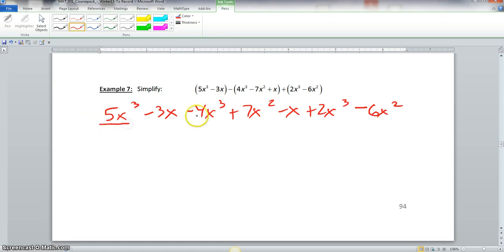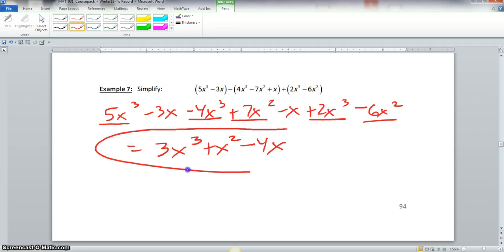We have 5x cubed minus 4x cubed plus 2x cubed. This will give us 3x cubed. Now we have 7x squared minus 6x squared is a positive x squared. And we have negative 3x minus x, which is a minus 4x. And that is it for that problem.